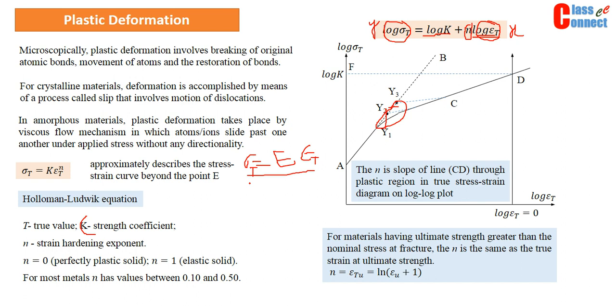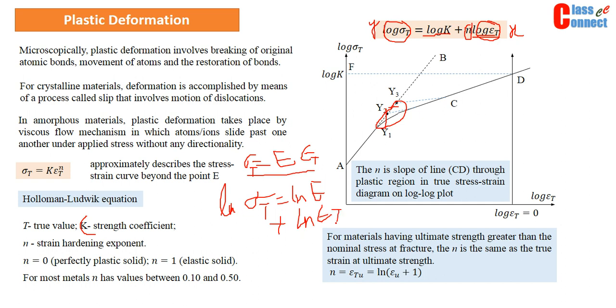So if I take the log of this curve, I will get natural log of sigma t, and this will be equal to natural log of capital E plus natural log of epsilon t. So what does it mean?